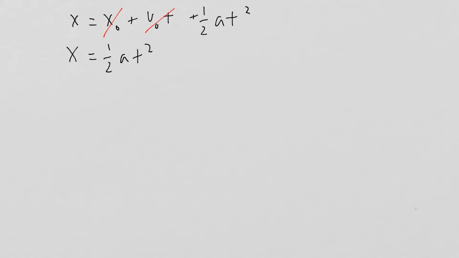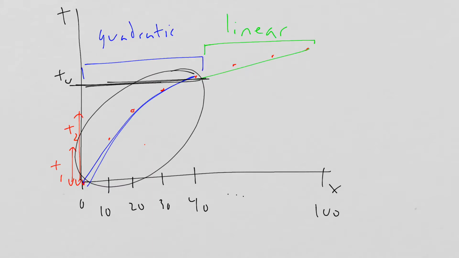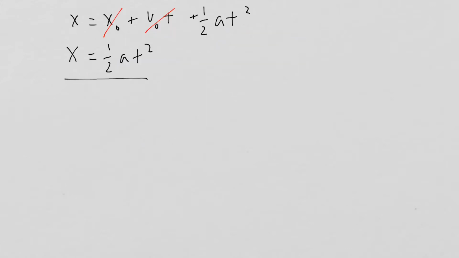So if we go back to our graph, that's the equation we're going to use for this part right here. Just do a visual best fit line that's quadratic, kind of what I drew, and then pick a point on your best fit line, not the data points, right? This is on my best fit line. There's my x, there's my t, and we take that and plug it into this.